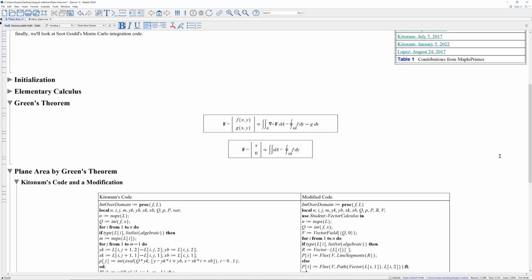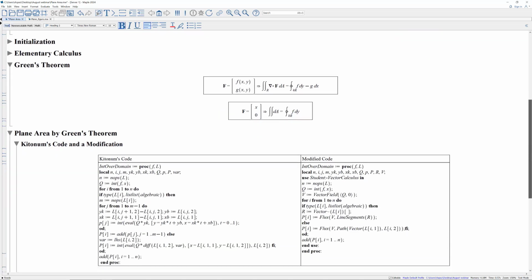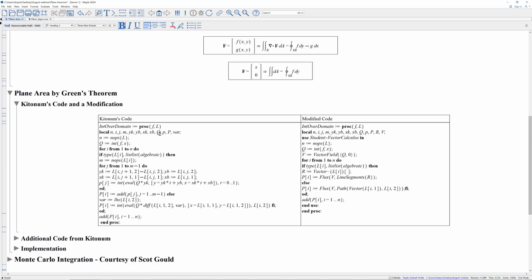So here is a comparison. Kitonum's code for just computing the area, and a little bit of modification that I came up with to use vector calculus. What Kitonum does is first represent the boundary as a list of lists.